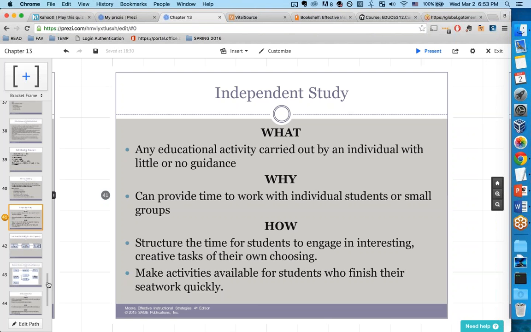But when you complete the whole unit, all the activities are completed, at the end of the whole instruction or the unit, you would do a summative assessment. All right, I hope this answers your question.